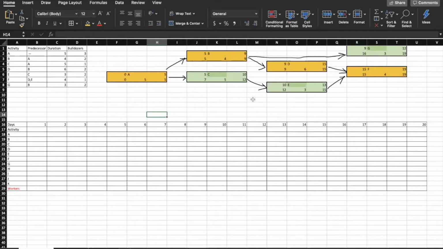Now we'll calculate the total float and the free float by comparing the early finish and the late finish date.